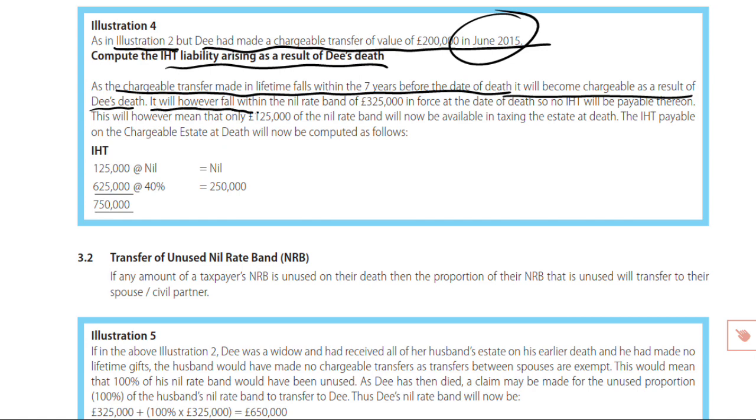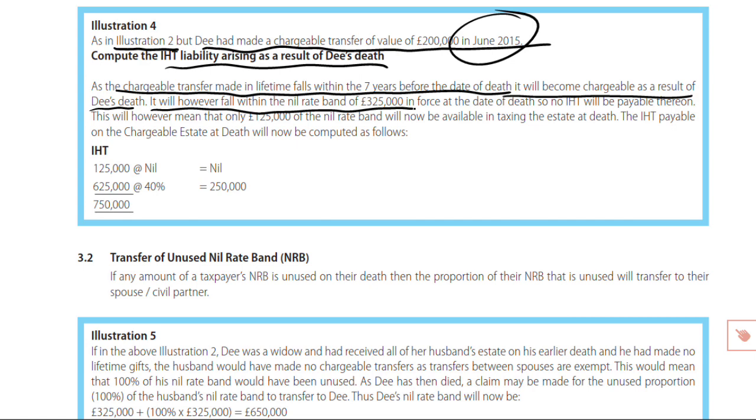But of course, no problem, it falls within the nil rate band of 325. Remember, we apply the nil rate band firstly to lifetime transfers, and as we'll see in a few more minutes' time, we apply that on a strictly chronological basis. If there were more than one lifetime transfer, the earliest, the first one within the 7 years before death, it gets to use the nil rate band before any later transfers.